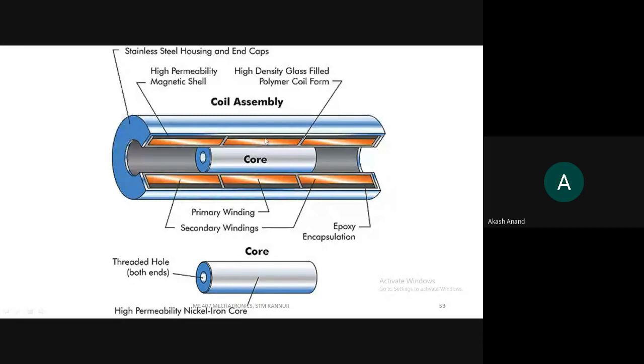Initially we take the hollow cylinder, at the middle the primary winding is wound, and alternating current is applied to that winding. Next, we wind two secondary coils at both ends at equal distance and equal length, connected in series, so that when the EMF is induced, the effect will get neutralized.